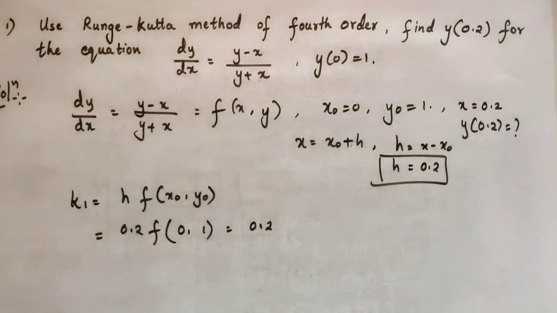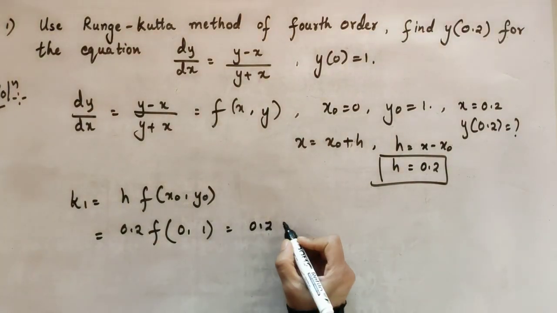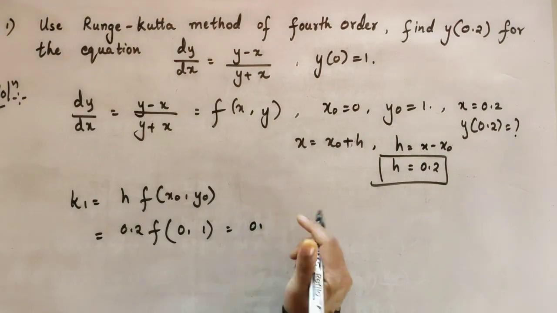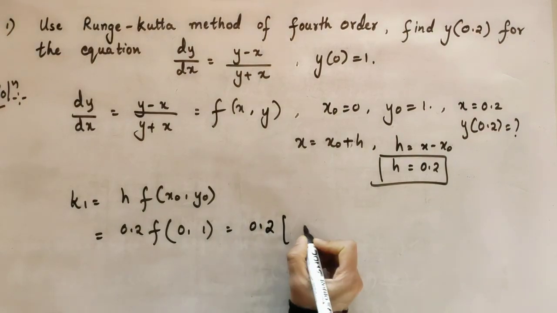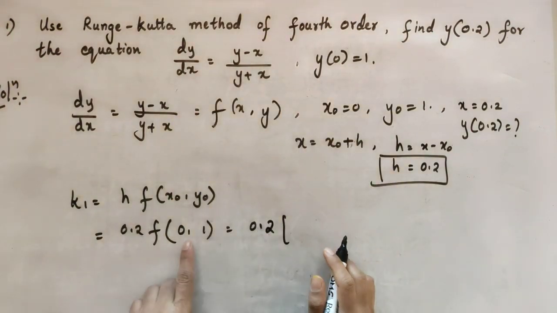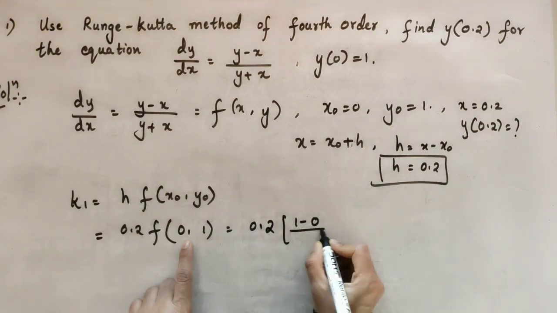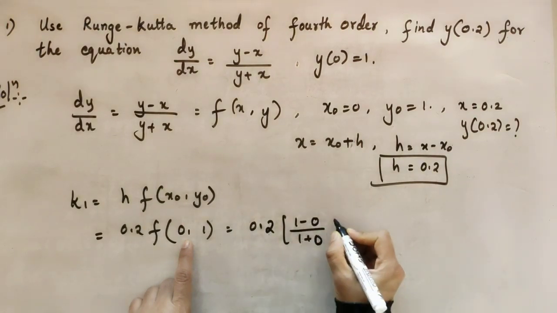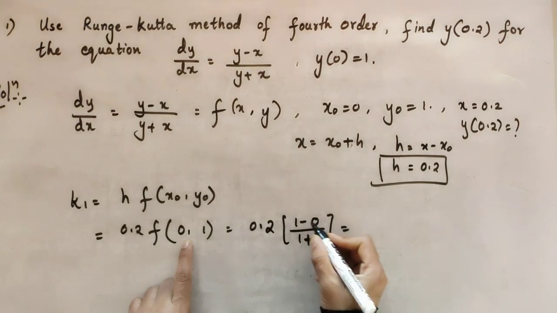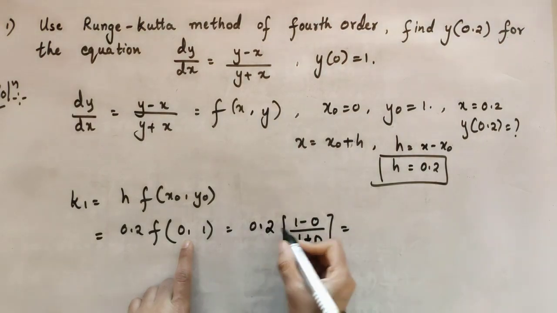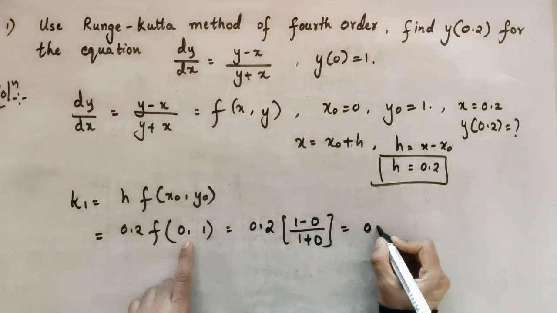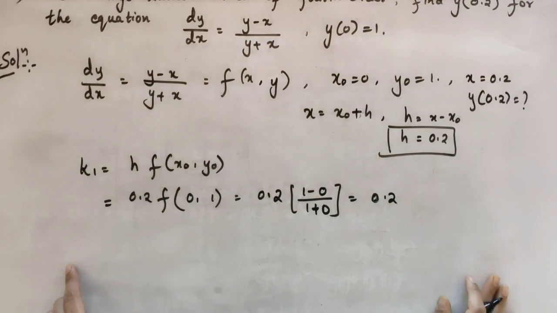F of x, y is defined to be (y minus x) divided by (y plus x), which means (1 minus 0) divided by (1 plus 0). Now 1 minus 0 is 1, 1 plus 0 is also 1. 1 into 0.2 is 0.2. So the value for k1 is 0.2.